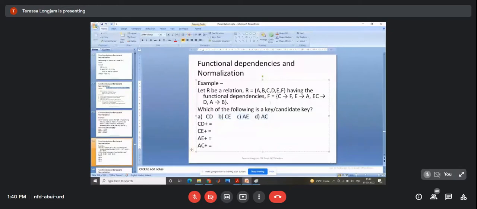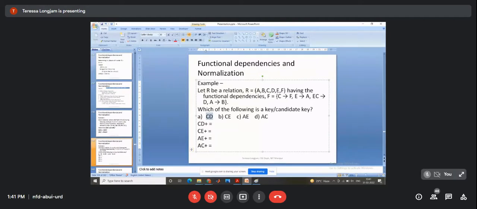What will happen is, I already told you that closure of a set of attributes means whatever attributes are inside the closure can be determined from the given set of attributes. That means when we have a closure of X equal to CD, this is your given set of attributes.